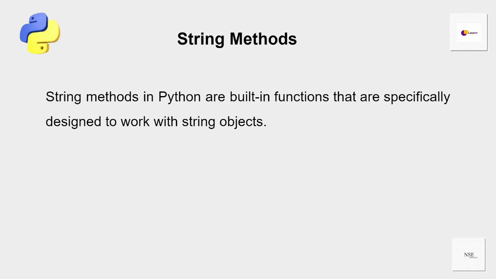These methods allow you to perform various operations on strings, such as manipulating their content, extracting information, searching for patterns, and much more. Let's go to the Python documentation and see the string methods available.